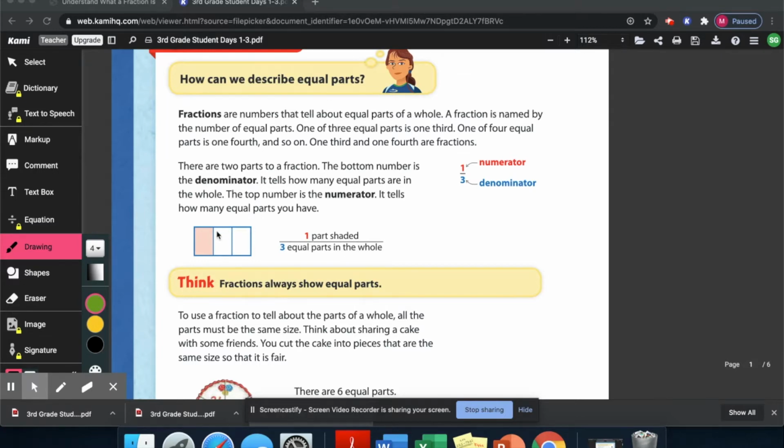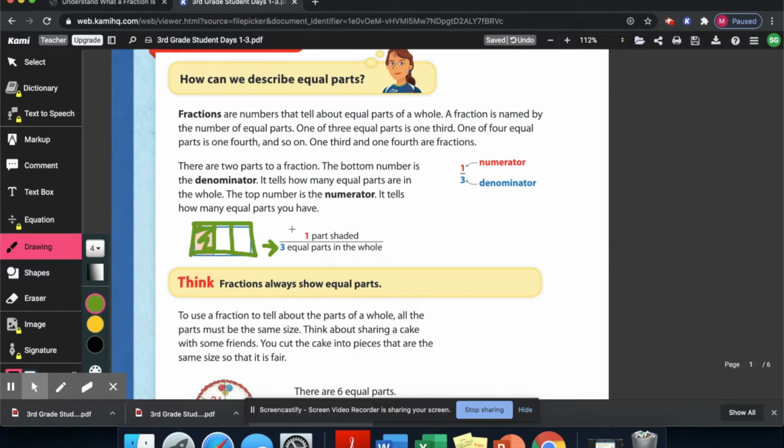Now they drew us a rectangle and they split it up into 3 equal parts. Even though it's a rectangle and they split it up, it's still 3 equal parts and it's still an entire whole. So we know those 3 parts are what makes the entire whole. And they shaded in 1 of them.